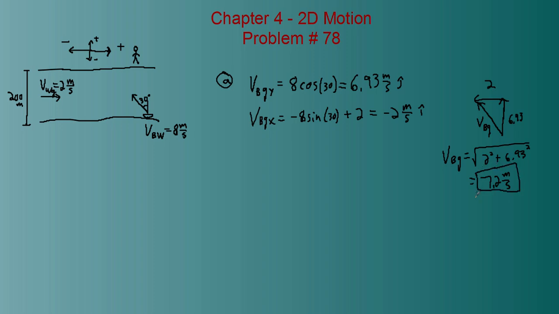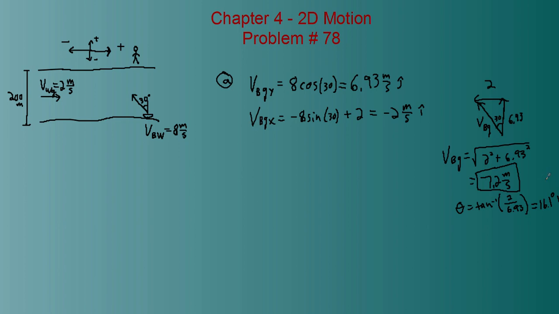Direction, we'll just do inverse tangent. Opposite, this is our angle, this is our 30, so opposite is the 2, adjacent is 6.93, and so that's 16.1 degrees west of north.